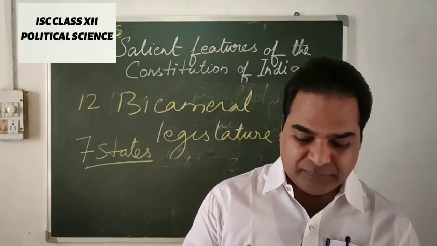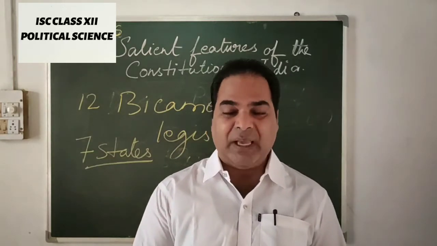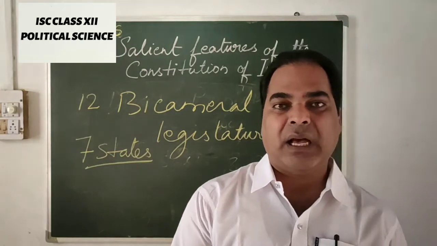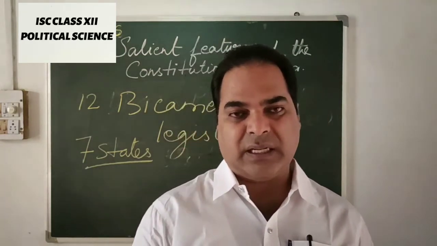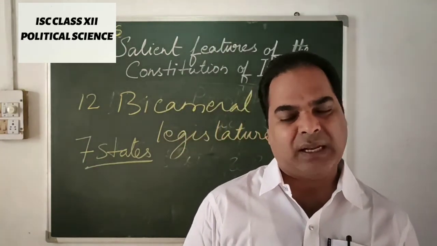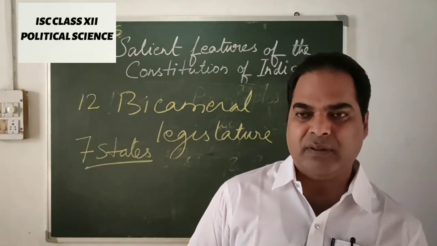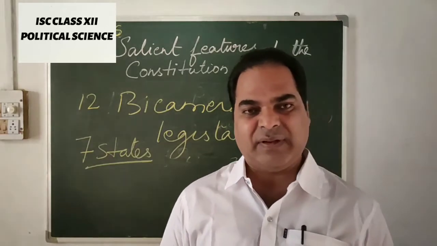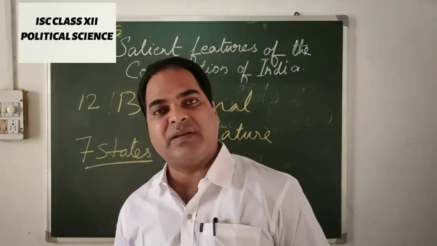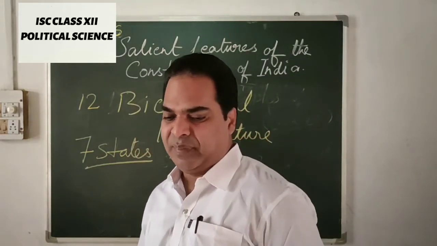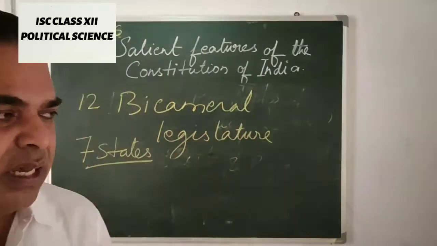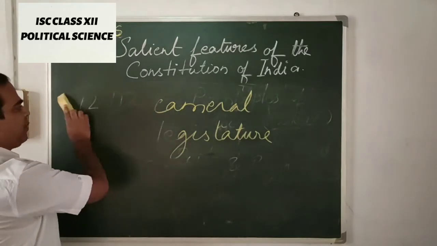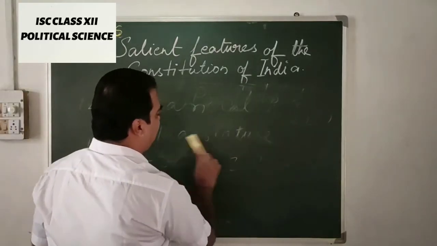After its formation, Telangana was also given 2 houses, a bicameral legislature. That means legislative assembly and legislative council, the lower house as well as the upper house. So this is all about the bicameral feature of our country.